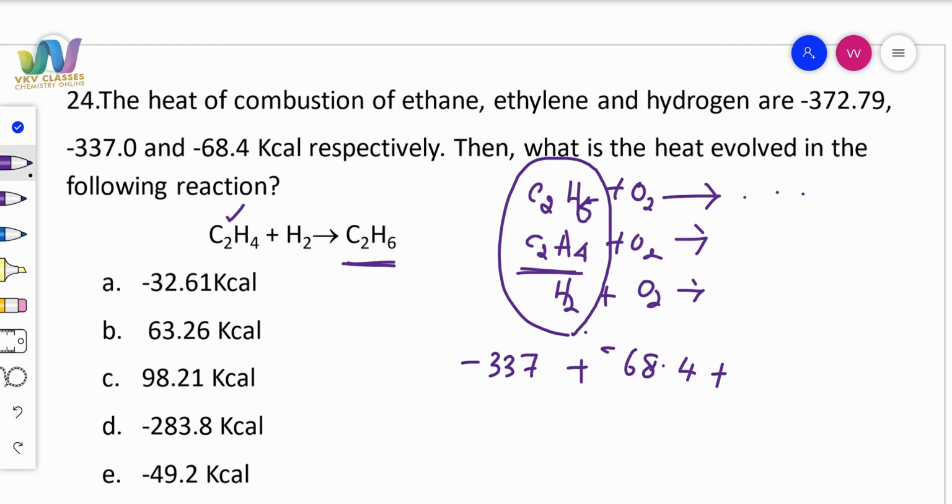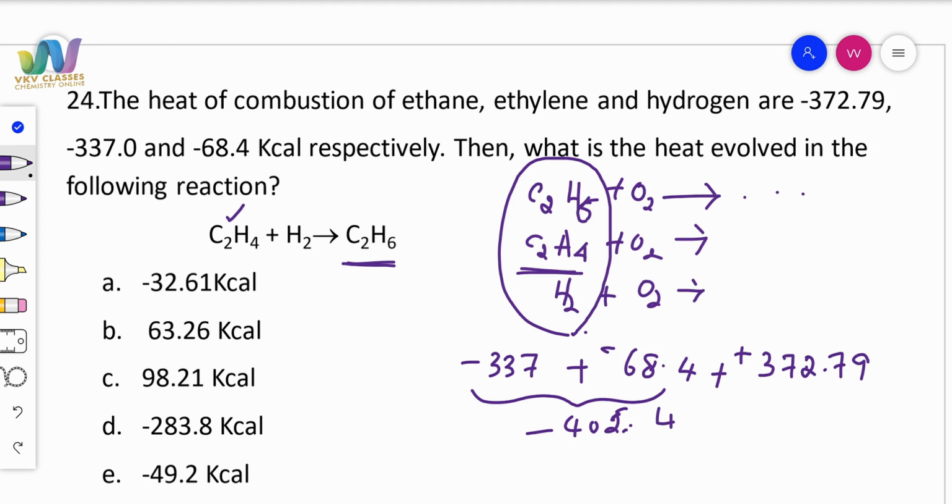C2H6 is coming in the first equation as the reactant. So this we have to reverse. When you are reversing, minus 372 becomes plus 372.79. So this equation on simplification, when you add, you will get minus 405.4.